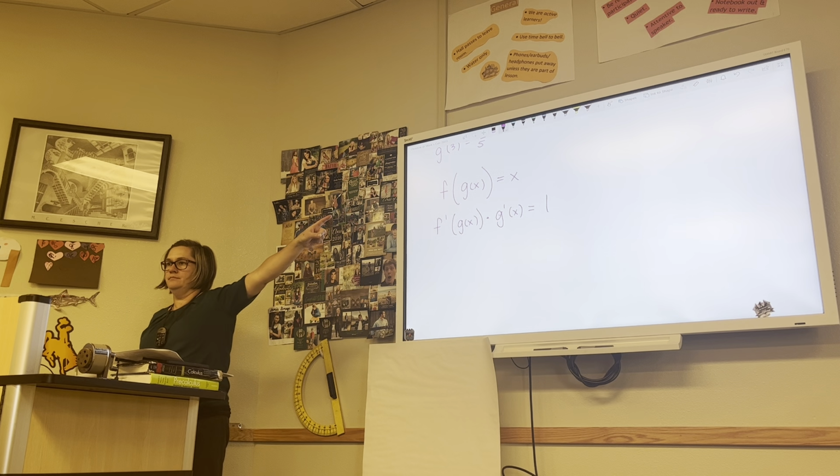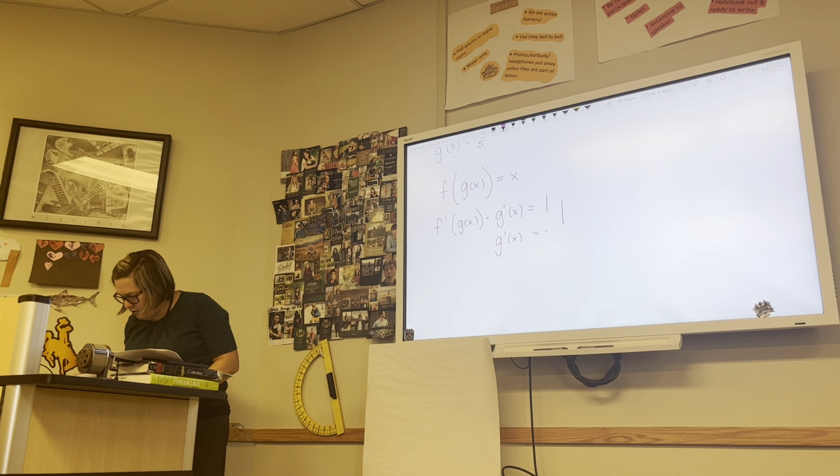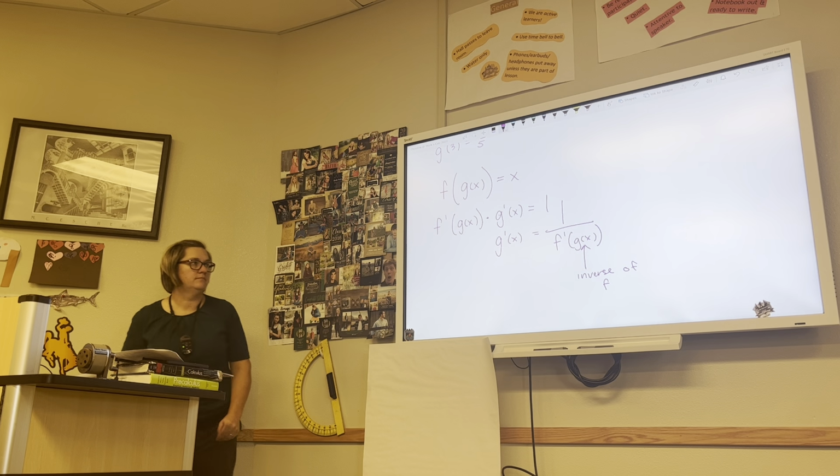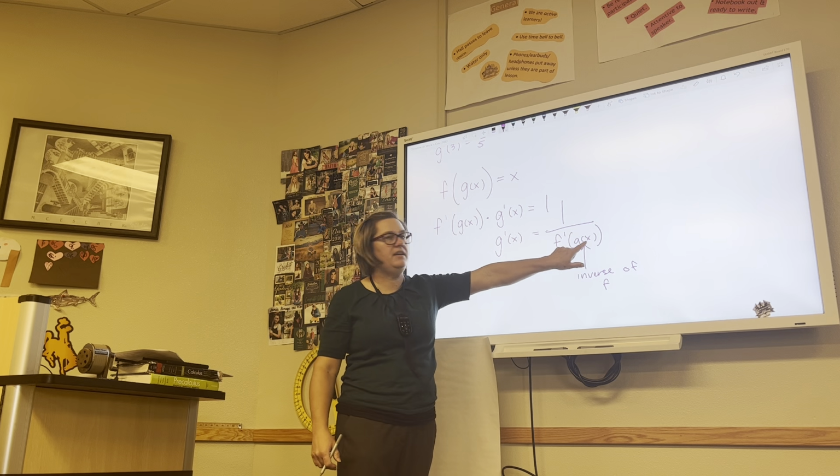Now get g prime by itself: g prime of x equals 1 over f prime of g of x. Remembering that g is the inverse of f. Oh, so then it's just flipping it. So the derivative evaluated at the output of g.